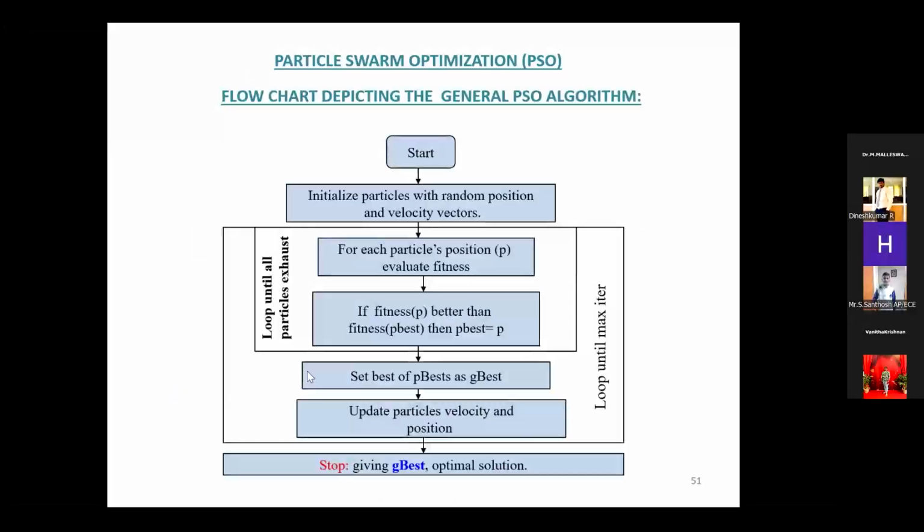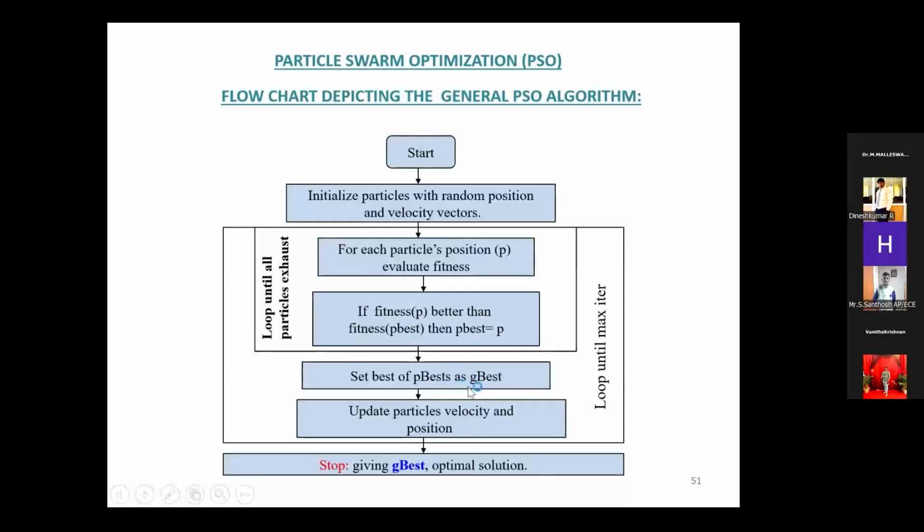Okay. Now, this is the flow chart depicting your PSO algorithm. Start, initialize particles with random position and velocity vectors. For each particle position, evaluate the fitness; if better than the fitness of the personal best, then set the personal best equal to the particle.